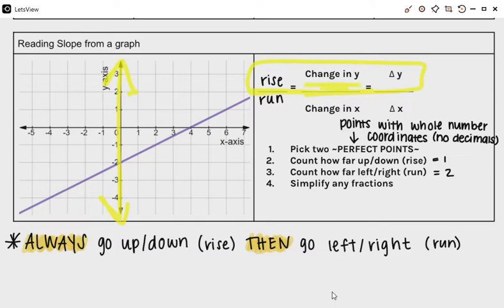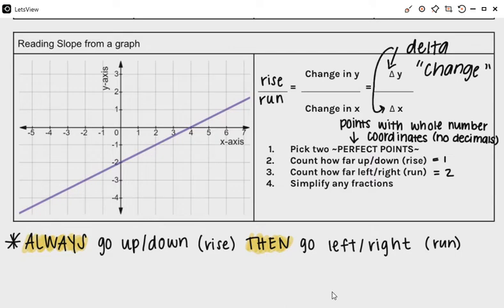So that's the change in y. This triangle is just a Greek letter called delta. That means change. Mathematicians are inherently very lazy, so we like to have little symbols for things. So rise is how far up and down. Run is how far left and right, so that has to do with our x value.